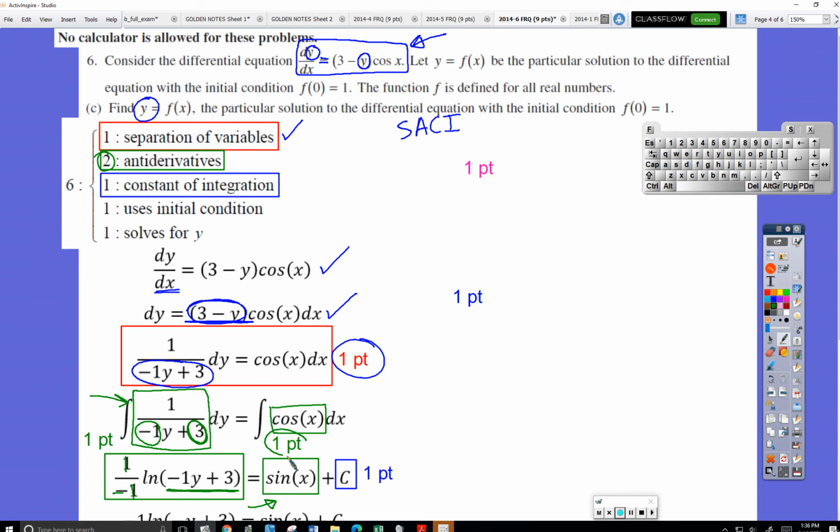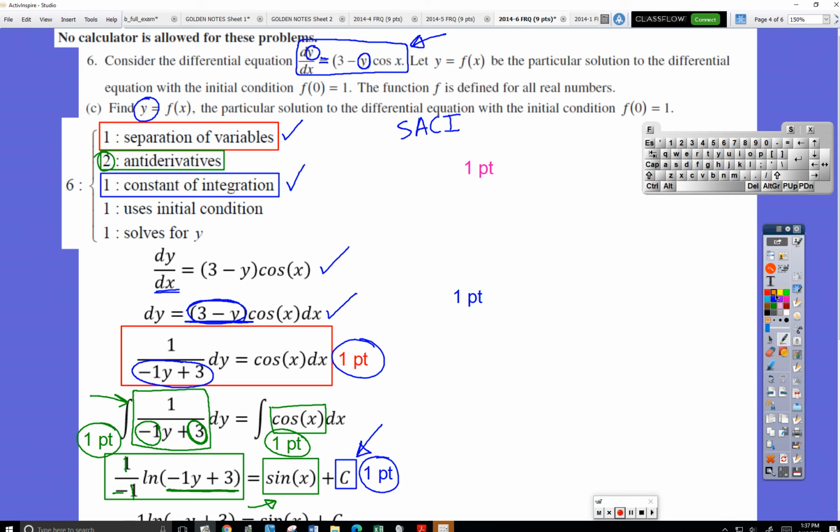If I get that far, you get a point for that antiderivative and a second point for the other antiderivative. So 3 points total so far. Next thing to do, find the constant of integration, or in reality, I just have to remember to write the constant of integration. That gets me 1 more point.